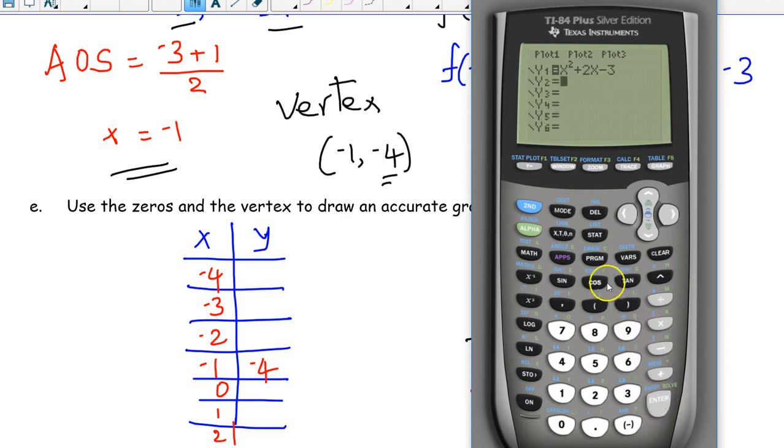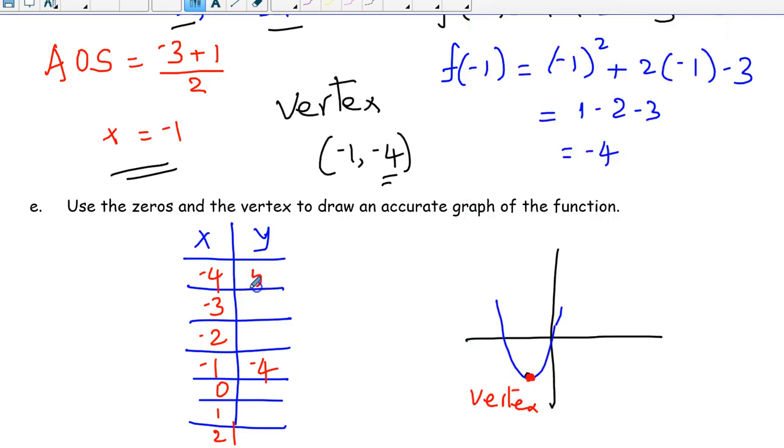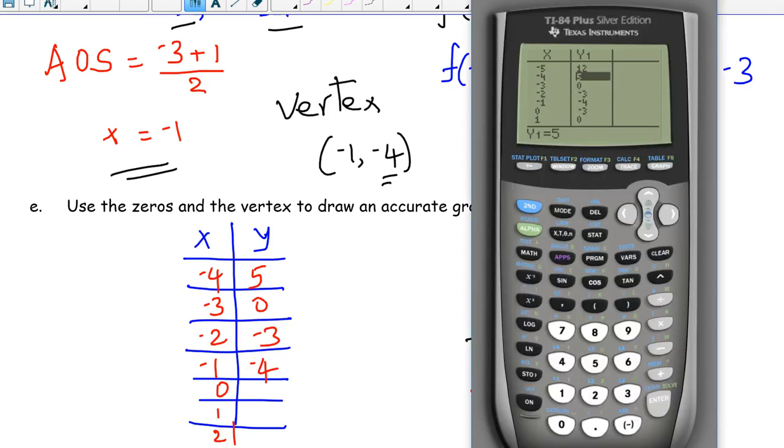Just hit second and table. I have to get those values from -4. So when x is -4, y value is 5, then 0, -3, and then -4.